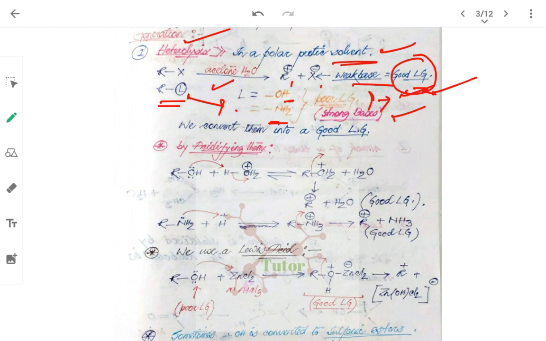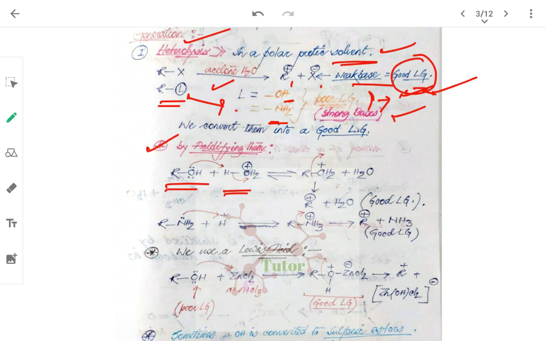Now, we can convert the weak leaving group into a good one by acidifying them. Now, ROH plus H3O plus.